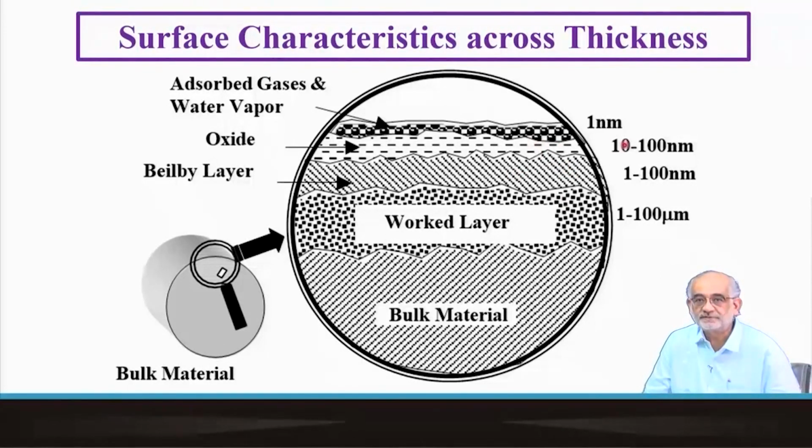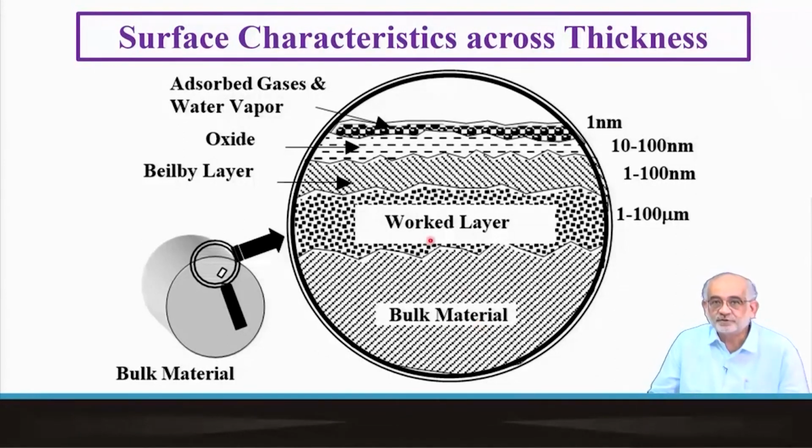And also the top may be decorated with an oxide or hydroxide or sulfide or such a layer formed due to interaction with the atmosphere. The worked layer, if it's freshly machined or deformed, may be bigger, and as you can see, it's bigger by orders of magnitude. We are now talking about a few micrometers to almost 100 micrometers compared to the few to 100 nanometers. But then below that is a bulk surface, the bulk material.